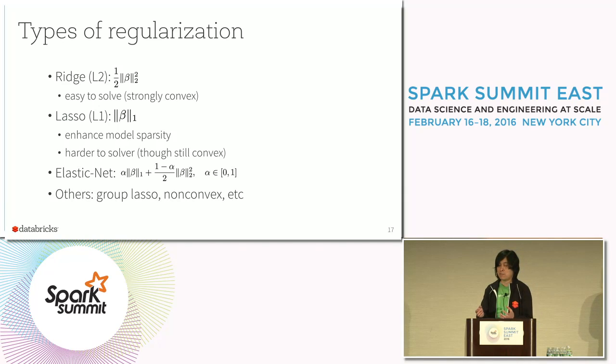Basically, you get a smaller model, and it's easier for you to interpret. Sometimes it also provides better generalization error. However, it's harder to solve, definitely much harder than the L2 case. It's still good to solve because it's still convex. We also support a regularization type called elastic net, which is a combination of L2 and L1. There are definitely other types of regularizations, but we don't support those in MLlib.